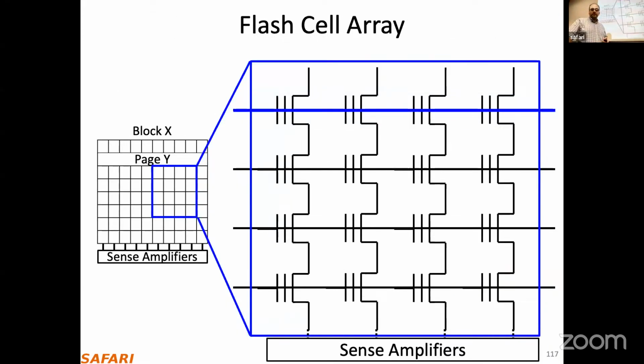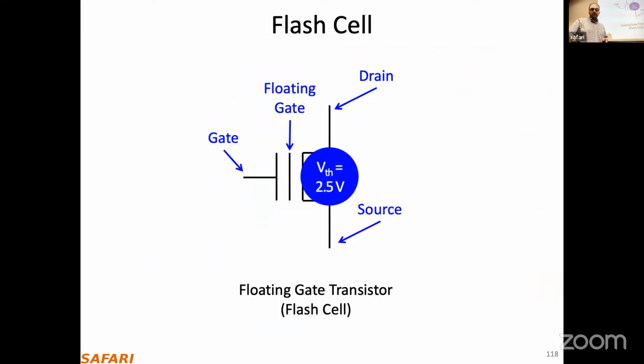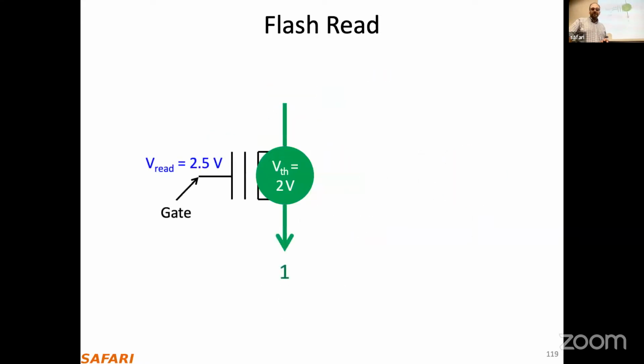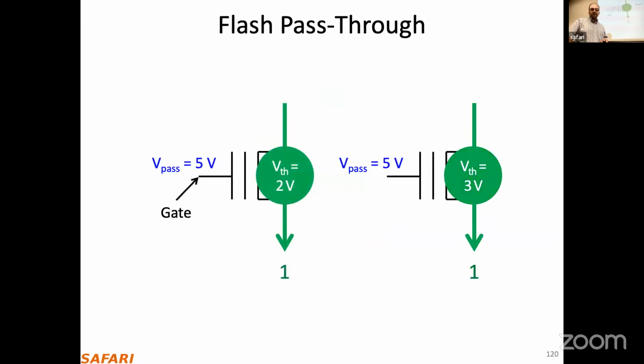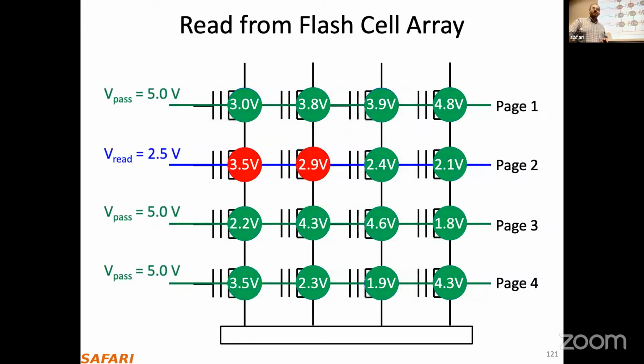I will skip these relatively quickly because we already covered them. This is a brief overview of a flash chip. I can stop on any slide if you have questions, but I think we can skip them.